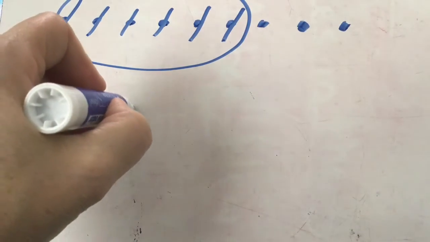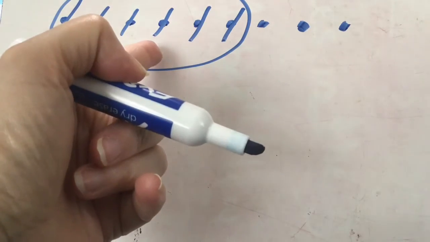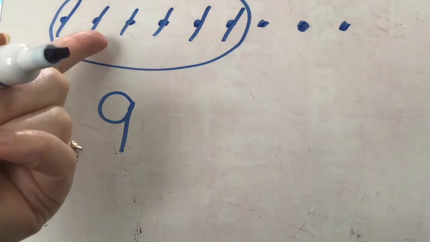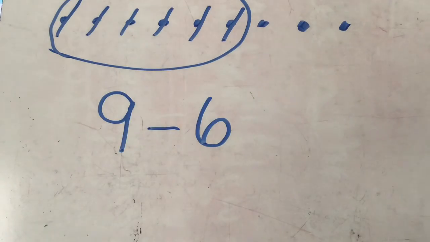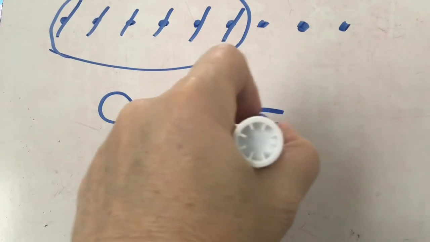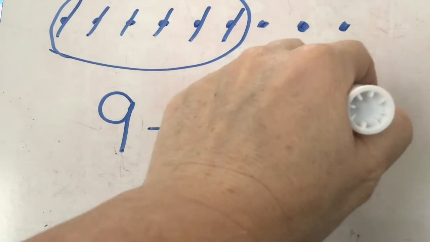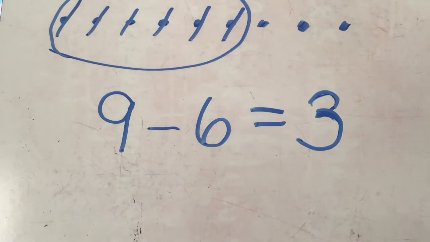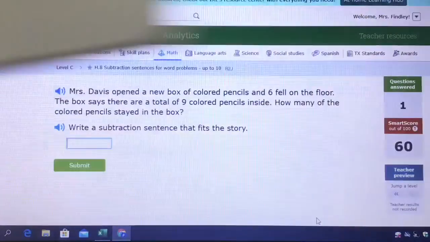We're starting with our 9 pencils that were in the box, and 6 of them fell on the floor. That means we took these out of the box. We took them away. And what did that leave us with? It left us with 3 pencils still in the box. So our math problem we're putting in is 9 minus 6 equals 3.